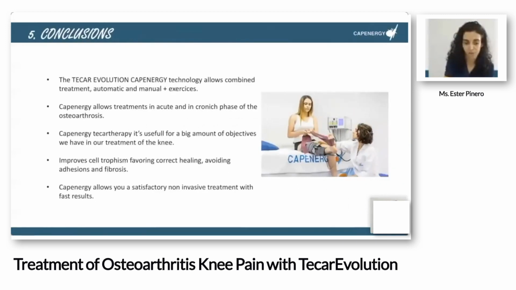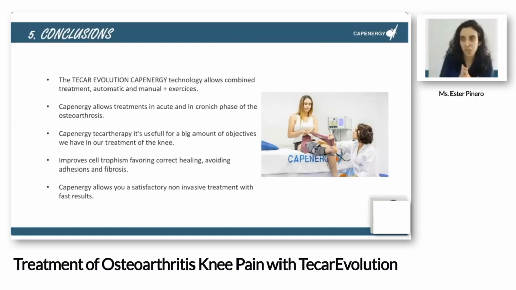In conclusion, what I want you to know is that Capener's TECAR evolution is a technology that allows you to combine automatic treatments with manual treatments with exercise treatments. Then it's a technology that is helping you, but for different sides. Then another important thing is that you can work in the acute moment of this osteoarthritis, and also in the chronic moment of the osteoarthritis.